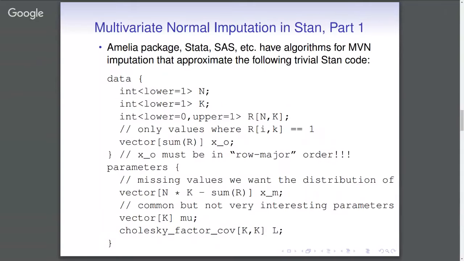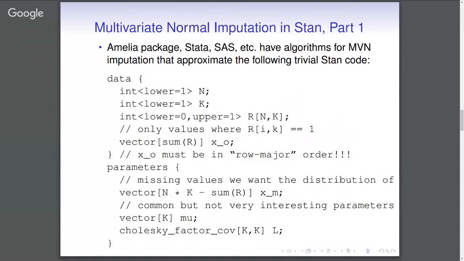So one of the popular ways of doing imputation is to assume that the data generating process for X is multivariate normal, whether the thing is observed or whether it's missing.